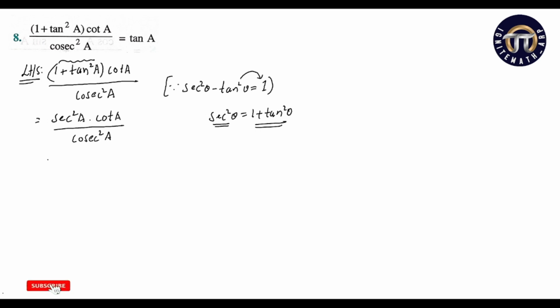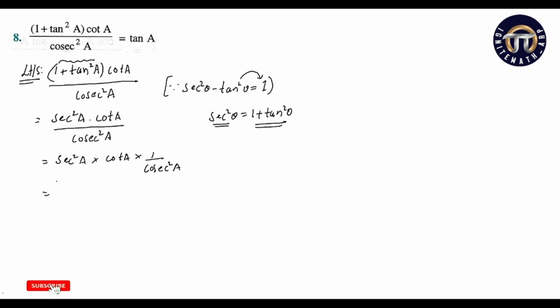Clear, children? So now what I write over here, we need to understand very carefully, children. So secant square A. Now I will write them separately so that you understand it in a better way. Secant square A into cot A, then into 1 by cosecant square A. Correct, children?